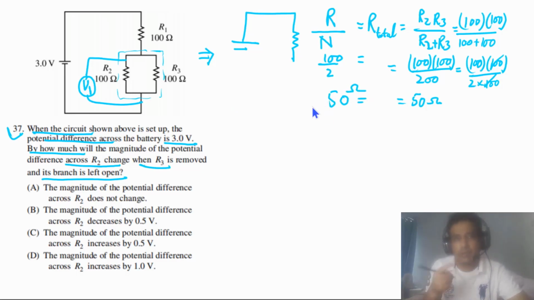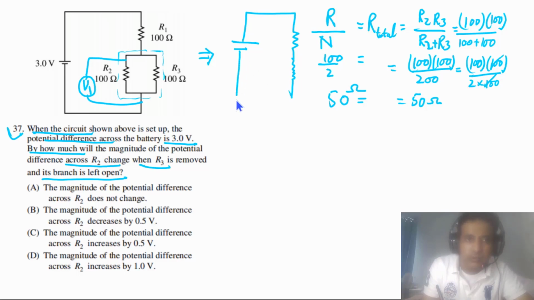So this is how you can calculate, but you can also use the other method. So we can replace those two resistors with one single resistor. This one is 100 ohms, this is R1, and this is R total, or RT, equal to 50 ohms.